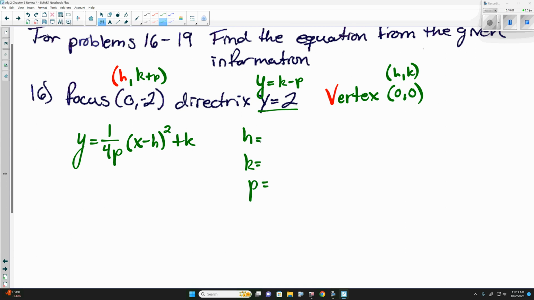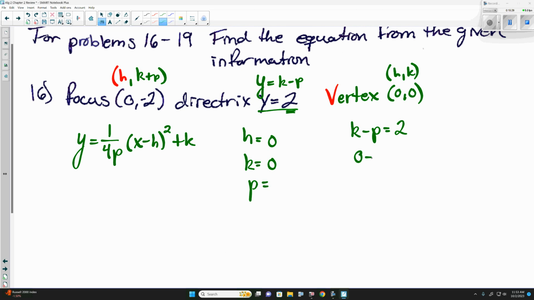Again, to solve this, we need the values of h, k, and p. Now the vertex tells us the h value is 0 and the k value is 0. We'll use the directrix for this. What it's telling us is that when I plug in the values of k and p, it should simplify to 2.